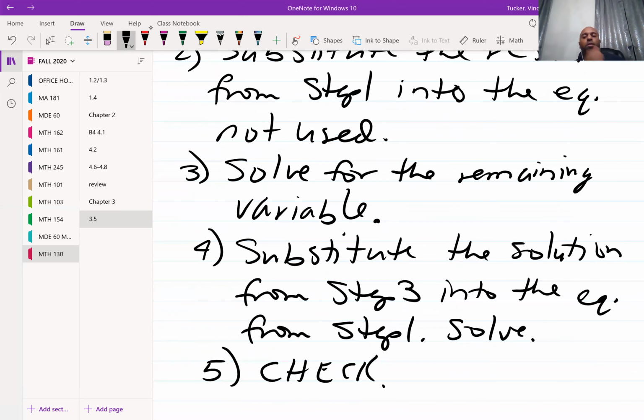Then we'll substitute the solution from step three into the equation from step one and solve that. By then you will have your ordered pair. And you can check if you like.